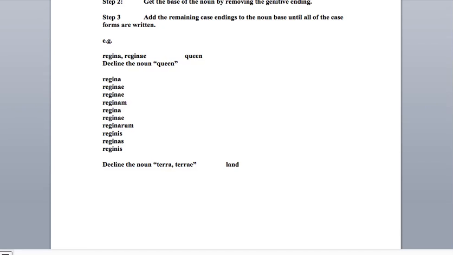So I'd like you to practice declining the noun terra, terrae on a piece of paper that you have with you, or on a whiteboard if you keep a whiteboard handy, or if you want to do it on your computer and then come back and check your answers, you can do that. I'll give you a few seconds to decline the noun terra, terrae, which is the Latin noun for land.